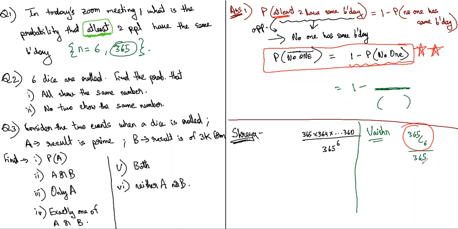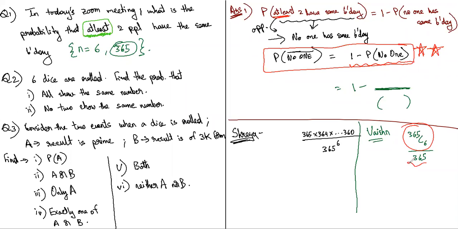How is that the sample space? 365 days are there, that I gave in the question, but what does sample space mean? How many choices does each person have? We have to see how many choices each person has. Okay. See, sample space means you have to see all the results of the experiment.